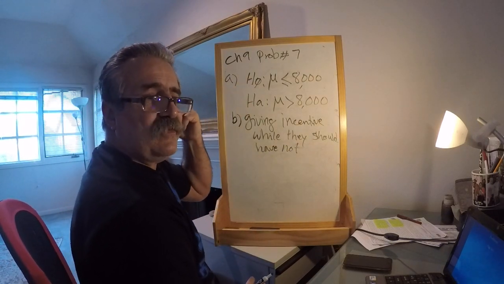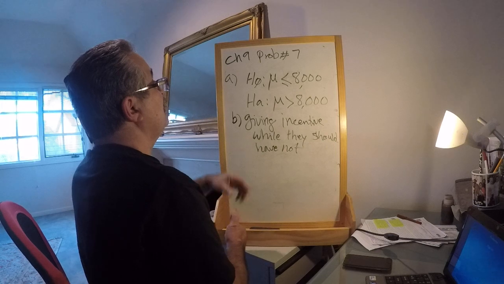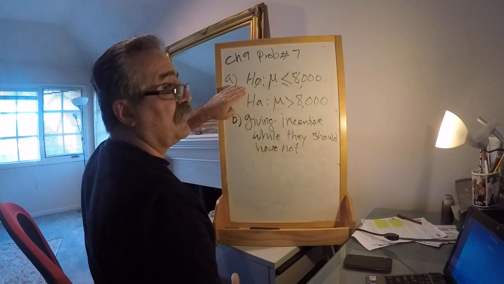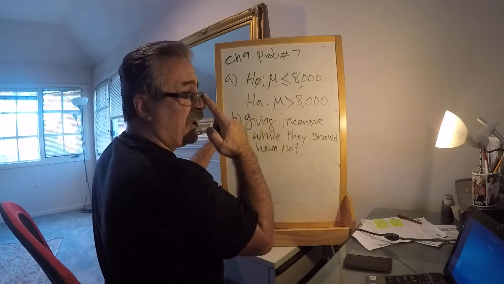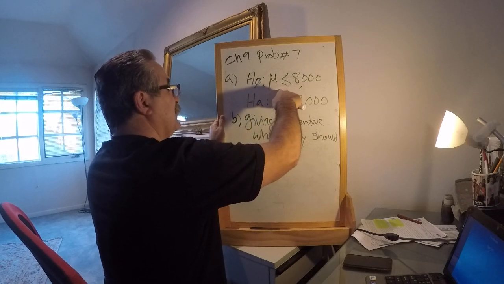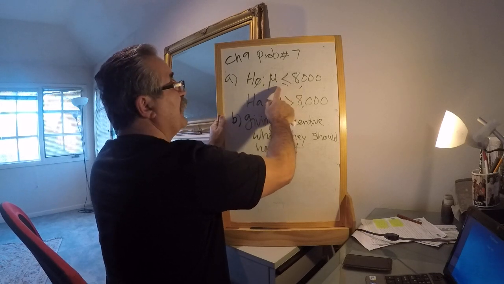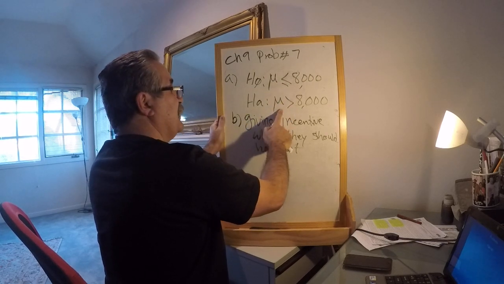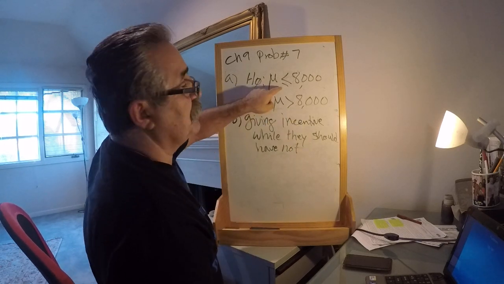Now let's see the consequence of the type 1 error. Type 1 error says reject H0 when it is true. If Steve commits type 1 error, he will reject this while it is true. What happens if he rejects this? He will accept this. If he accepts this, it's going to give them the incentive while they did not deserve it, because this is true.